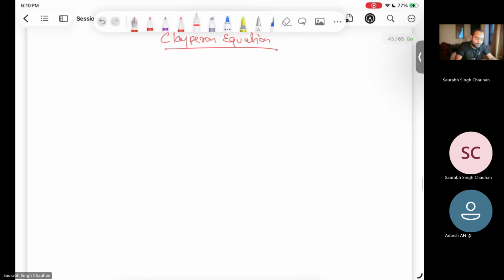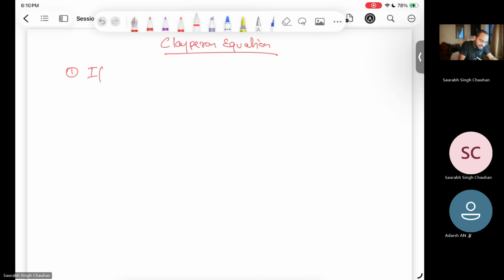In the basic thermodynamics course, you might have studied that phase change happens at constant pressure and constant temperature. If you fix the temperature, then the pressure at which the phase change process will take place is automatically fixed, and vice versa.